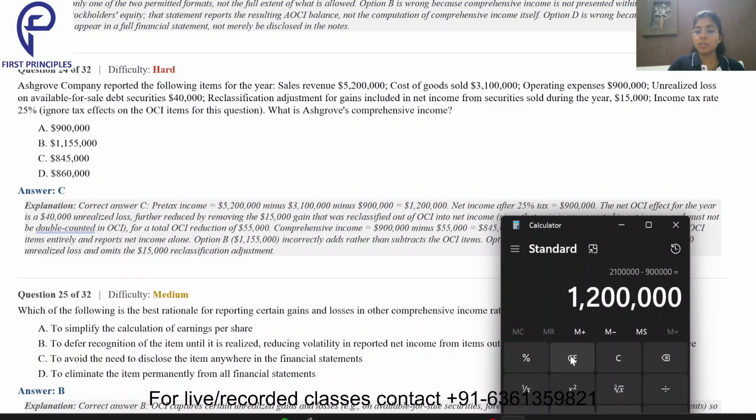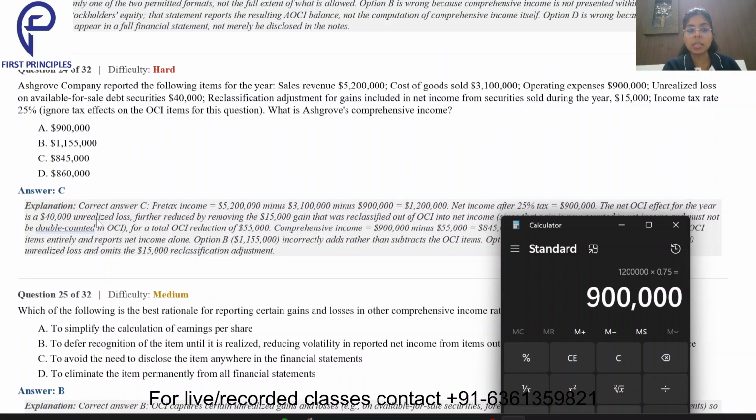So this much is my pre-tax income, and from this I need to reduce the tax also. 25% is the tax rate, so that means 75% of this is my net income. 9 lakh is coming to be my net income. The question is also talking about the OCI, the other comprehensive income.